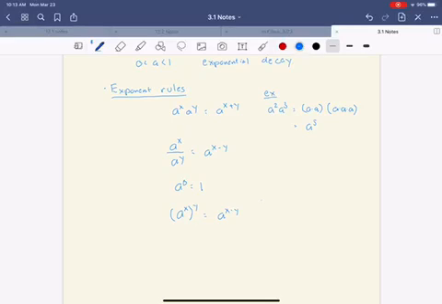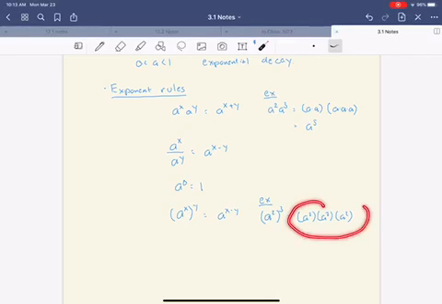Let's do an example of that one as well. Same numbers, a squared raised to the 3rd. That's going to be a squared, a squared, a squared. Taking all of these together, we're just going to add up how many a's we have. A to the 6th, which is the 2 times the 3. Okay?